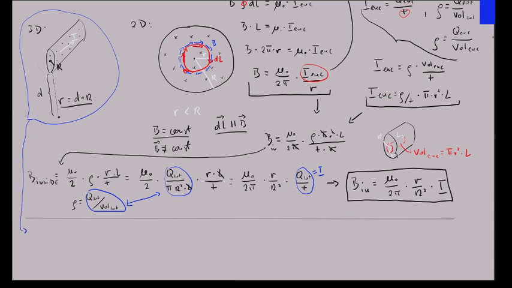Now I'm also going to take this equation and bring it here as well. So on the outside, what I could do is I could take this equation and write B equals mu naught over 2 pi times little r becomes d plus big R over r squared times I. Oh, by the way, this is I total, right? So remember that this was not the enclosed current, but the total current through the wire, times I total.